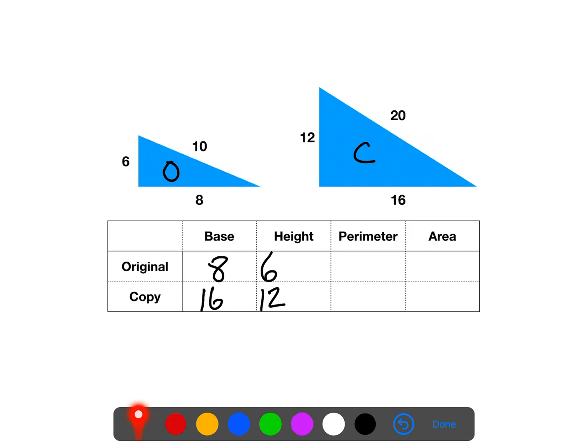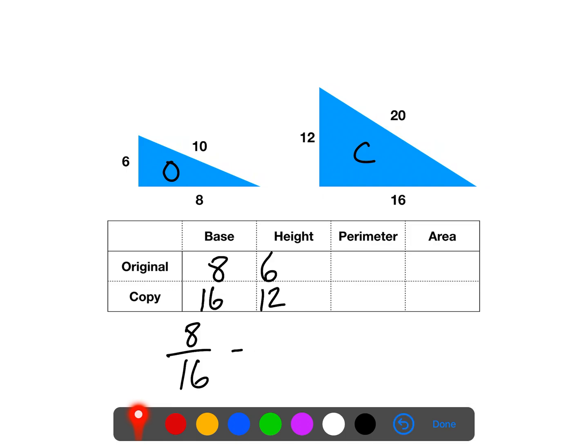So I do know that my scaled copy is larger than my original, which means my scale factor has to be greater than 1. Now, if I set up my ratio backwards and write 8 to 16, I'm going to get a ratio that simplifies down to 1 to 2, or 1/2. That scale factor would not make a larger scaled copy, it would make it smaller.